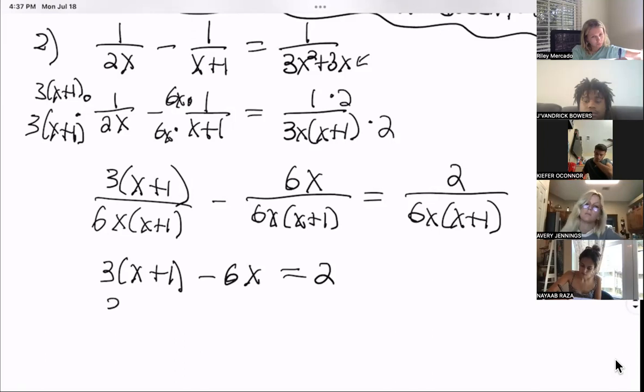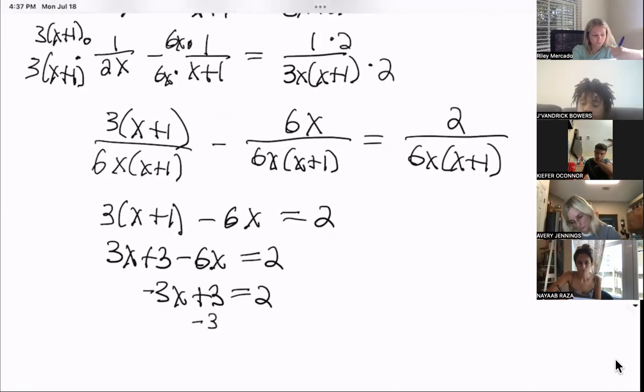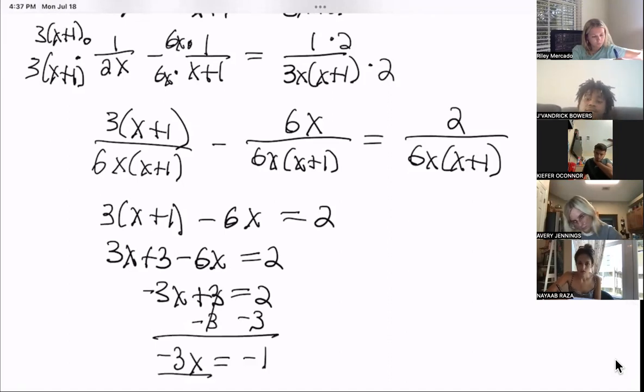Distribute: 3x plus 3 minus 6x is equal to 2. Combine like terms: negative 3x plus 3 is equal to 2. Subtract 3: negative 3x is equal to negative 1. Divide by negative 3, divide by negative 3. X is going to be positive 1/3.